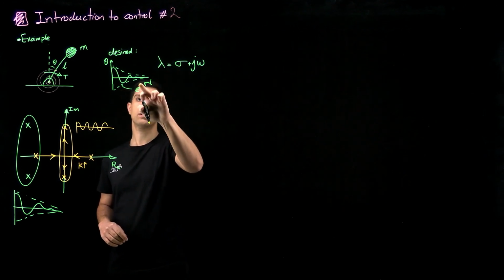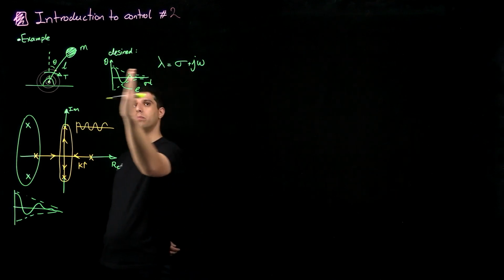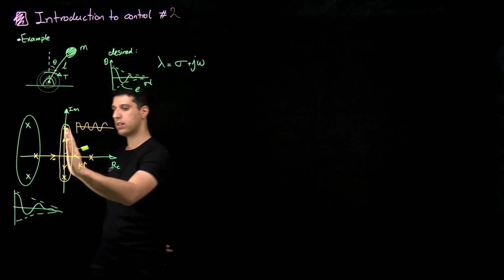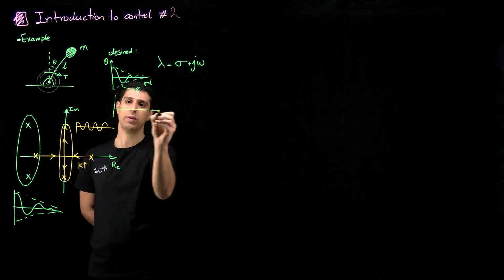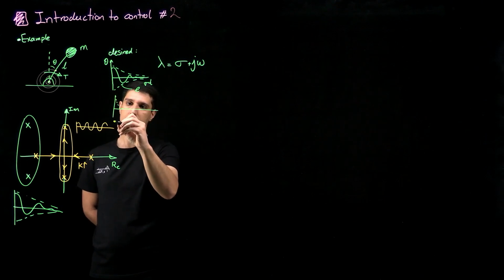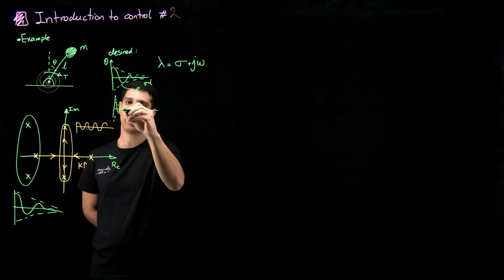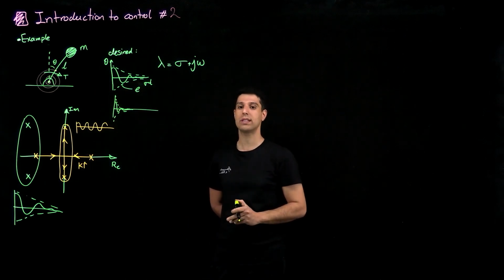And as I make my sigma more and more negative, shifting my poles further out, I'll have a response that diminishes faster. So I'll have something that looks like this, quote unquote, more stable system.